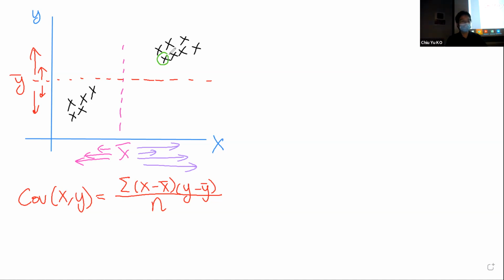It is above the mean for x, because it is on the right-hand side of x bar. It's also bigger than y bar, because it's above the red line. So both entries are positive, and positive times positive is positive. The same holds for all the entries in this region. They are the positive region.